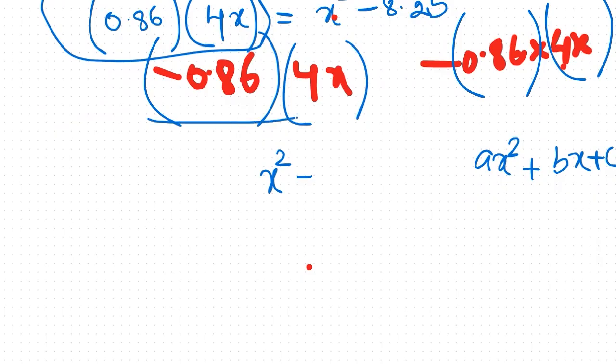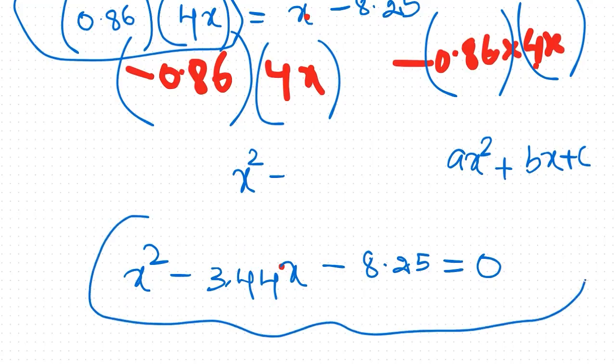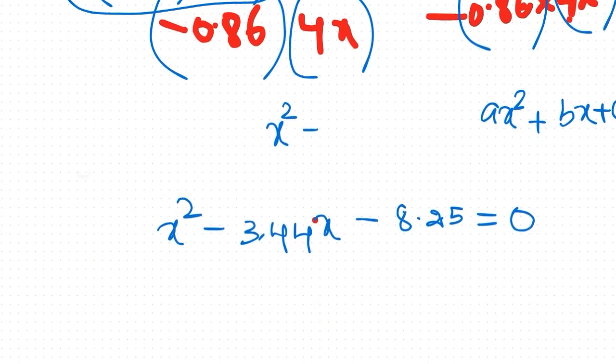So x square minus 3.44x minus 8.25 is equal to 0. So now you have to use the quadratic formula to find x. This is a quadratic equation.